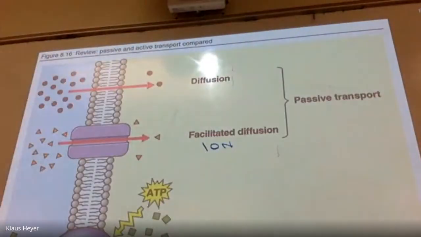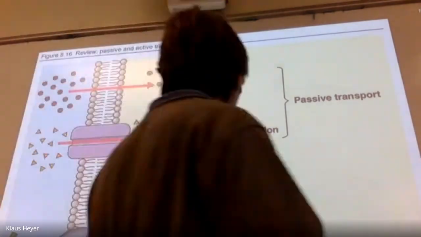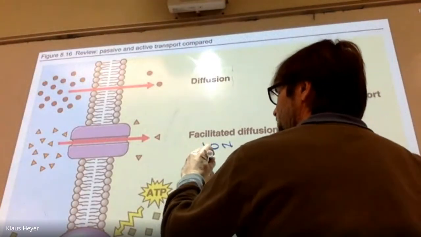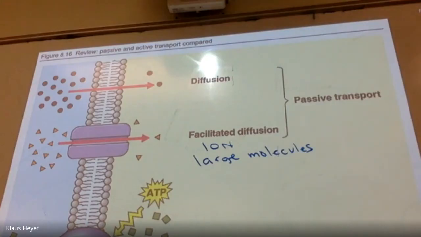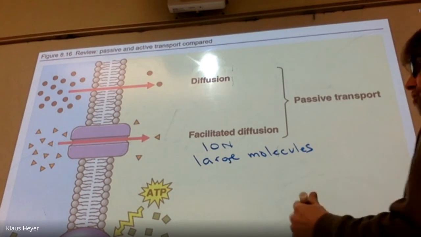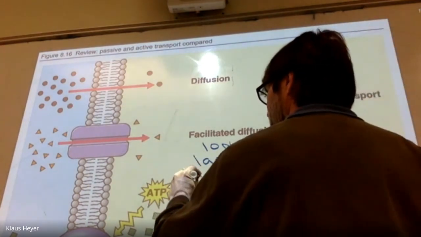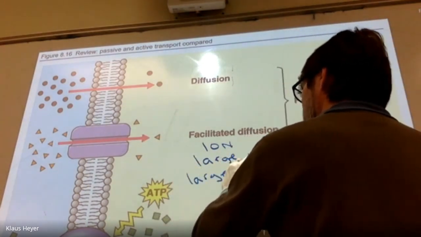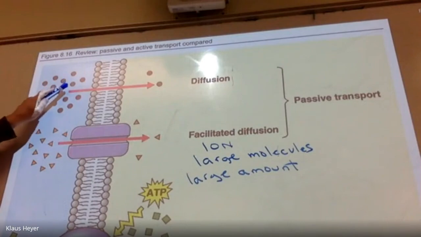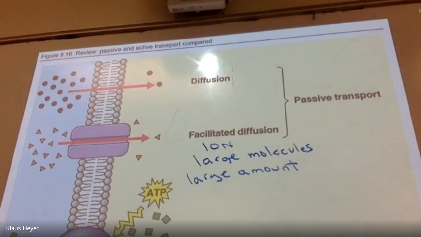Ions use it. Things that are large. And a third thing, because we need three of everything, large amounts. Water can squeeze through up here, but sometimes you want to move a lot of water, like your kidneys.